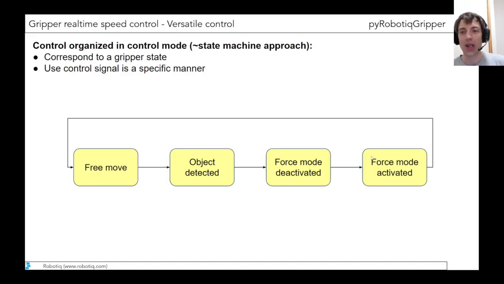And here, the function will wait for the operator to go out of the center zone of the control signal and push a little bit up to adjust the grip force.